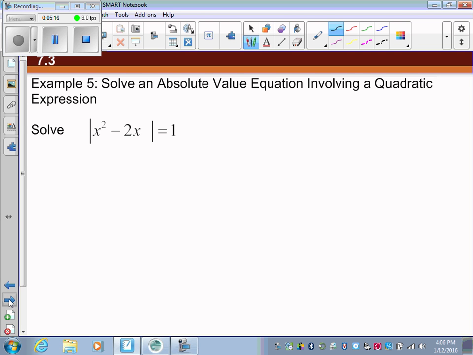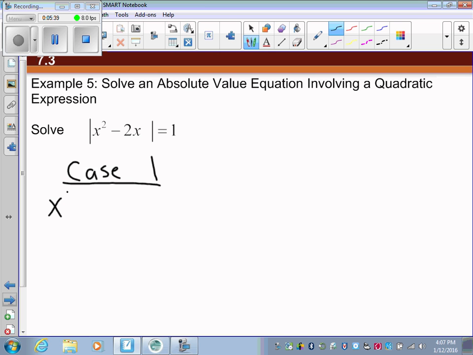Okay, our next two examples involve quadratic expressions. So again, we are still looking at two different cases. Remember, in piecewise, we have two different cases. Now, again, the case one that we're going to be looking at first is the same.